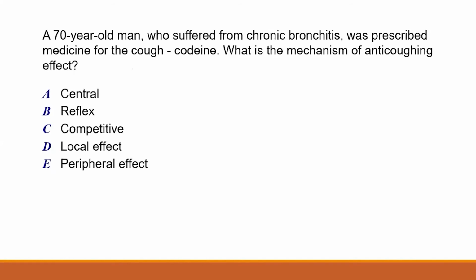So we have a 70-year-old who suffered from chronic bronchitis, was prescribed a medicine for cough. That is codeine. So codeine is actually an antitussive drug. When we say antitussive, it means anti-cough. It is an antitussive drug.